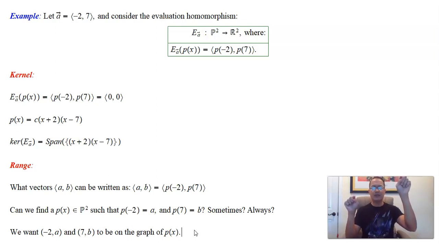I'm not even using GeoGebra, just my fingers. We can do that all the time, because through these 2 points, there's at least one line passing through them. And lines happen to be proud members of P2.